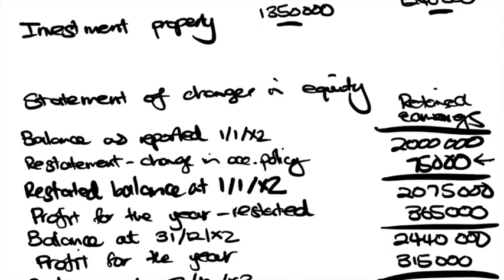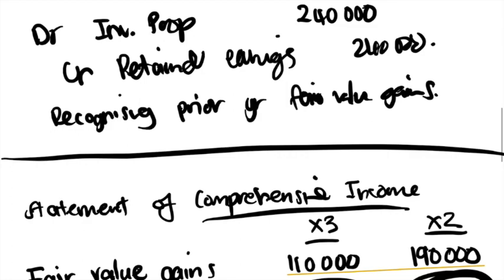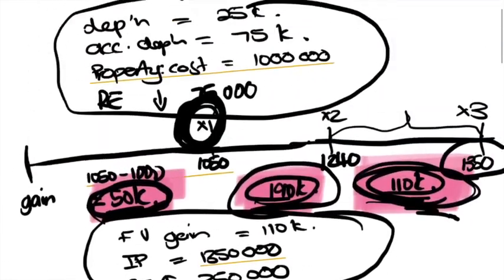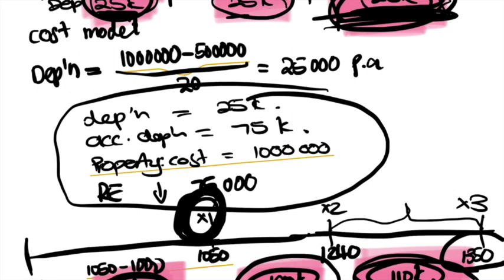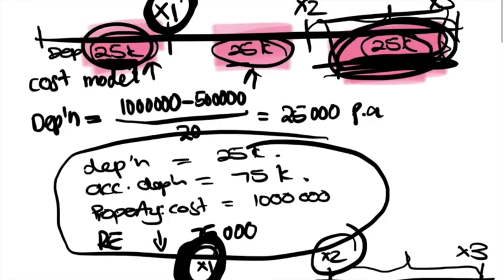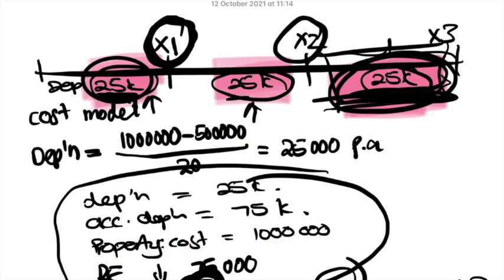If we're looking at X3, the increase would have been the cumulative effect up until that point, the 190, plus that 25 over there, plus everything before that, because that would have been the cumulative change as at X2. I hope that makes sense.